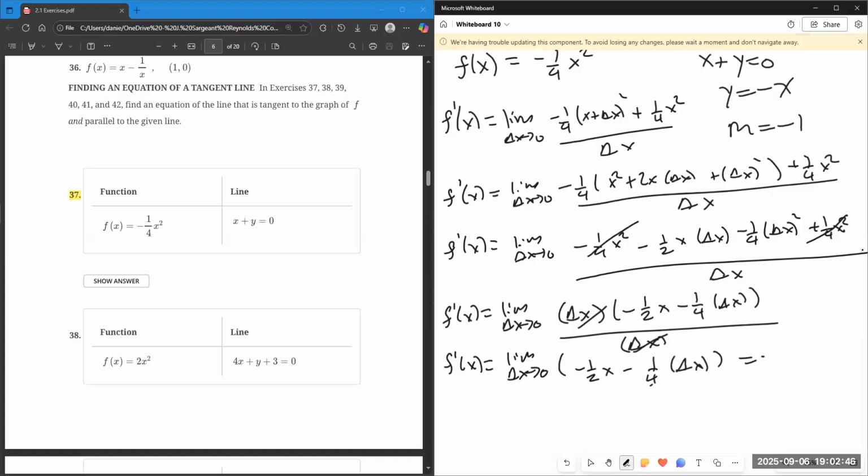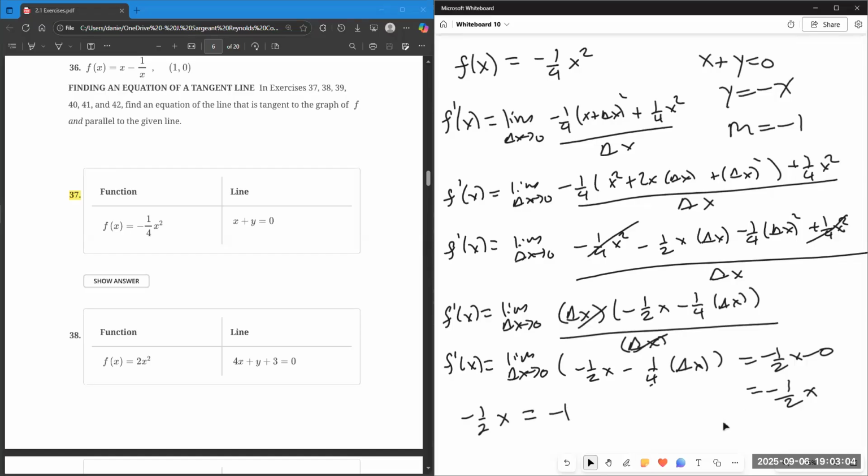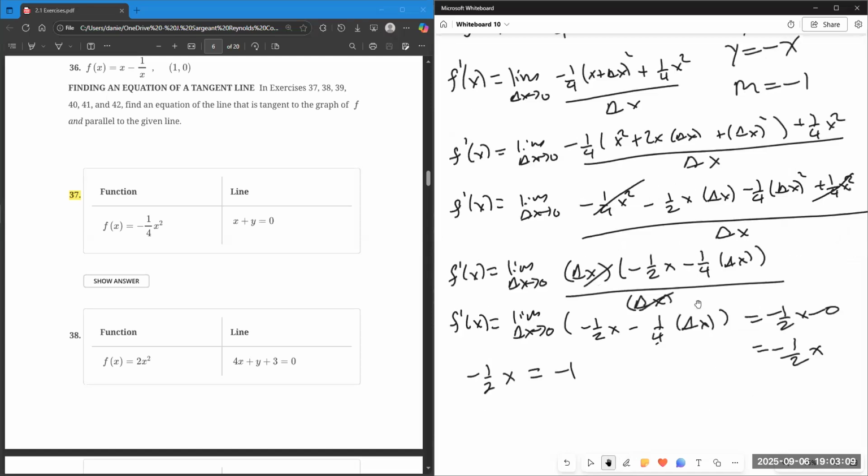This is negative 1/2 x minus 0, which is negative 1/2 x. I agree with that. That is my derivative. So now I need to find the x value where this happens: my slope generating function, negative 1/2 x, is equal to negative 1, which I know from the slope of that parallel line.